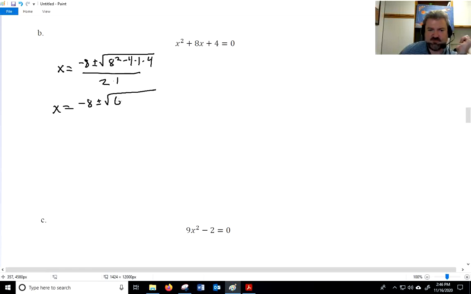Eight squared is 64, so I'm looking at 64 minus 16 all over 2. So let's see here. What is 64 minus 16? I think it's 48.